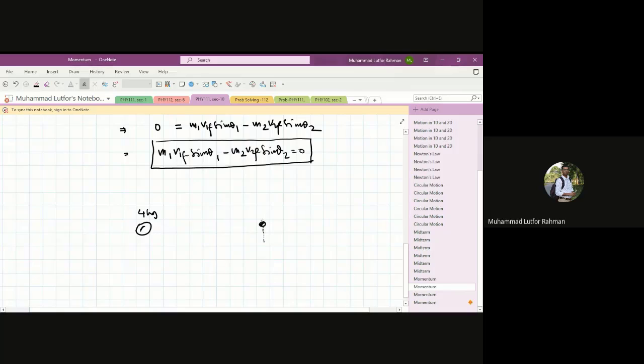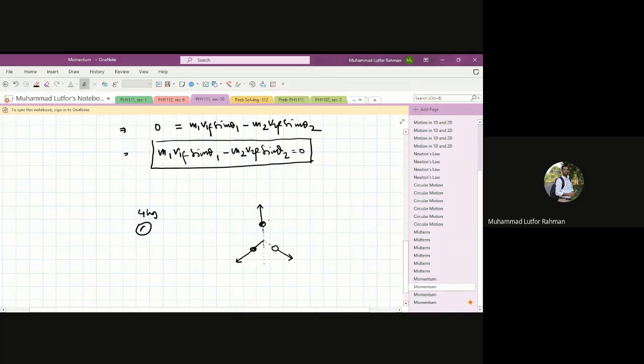Say this fragment moves in that direction, the second fragment moves in that direction, and the third one moves in that direction.